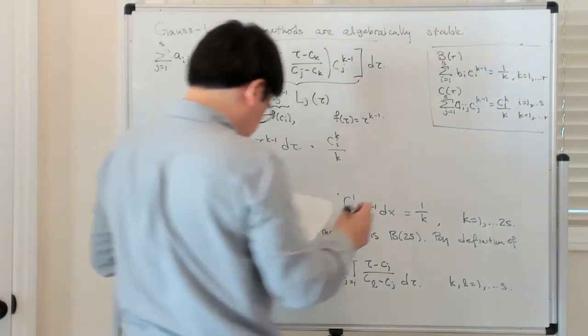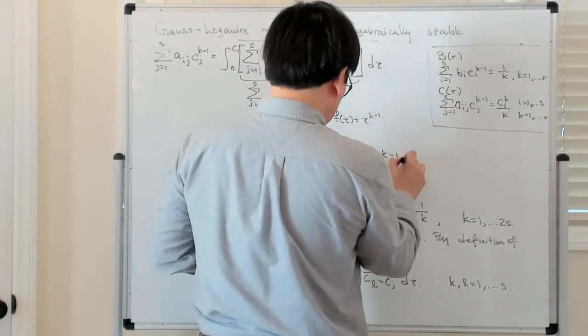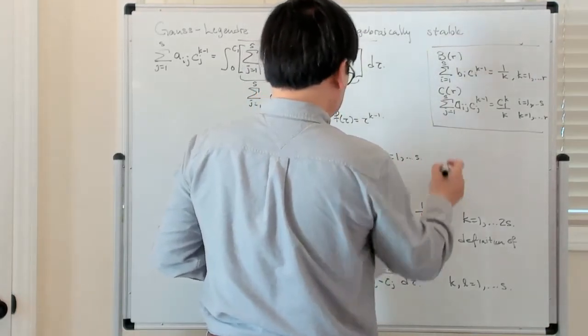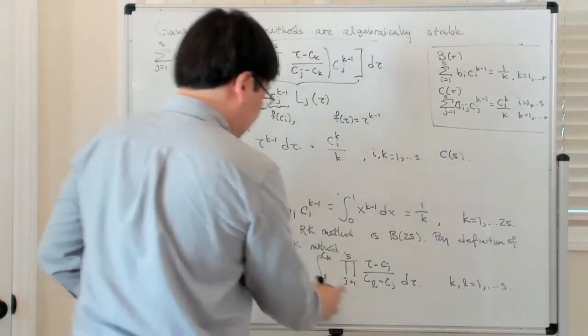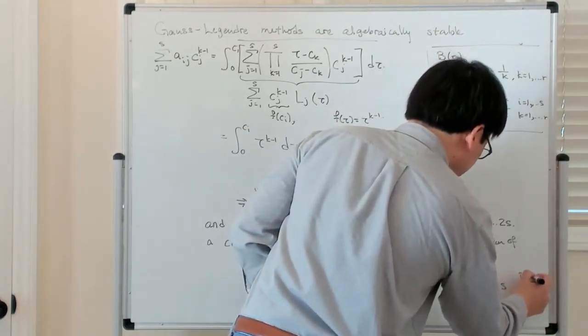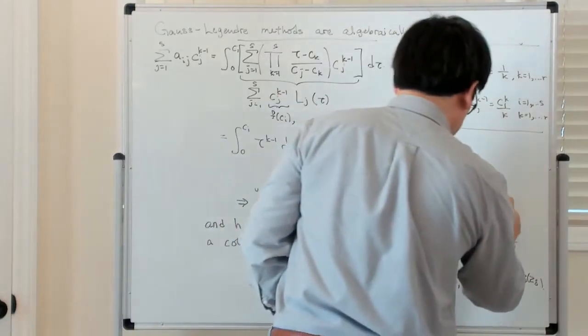And this is true for i and k from 1 to s, right? So this is the C(s) condition, if you will. And then this thing here is the B(2s) condition.